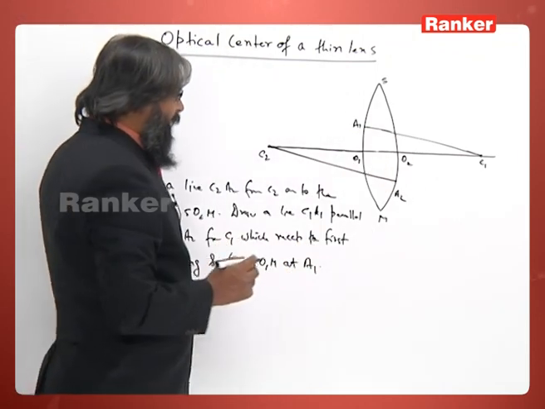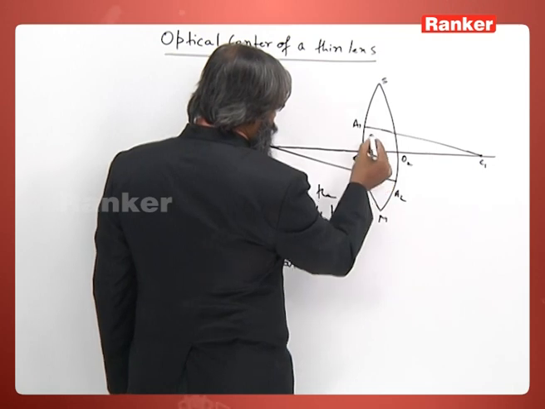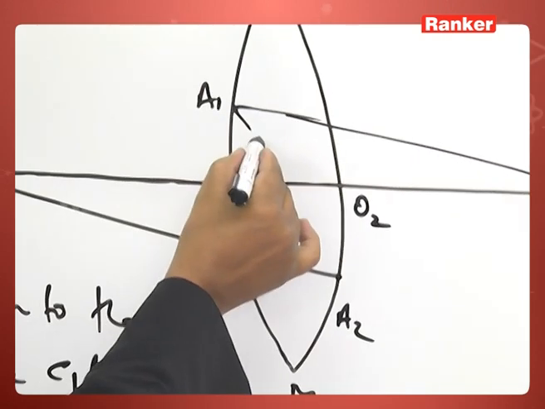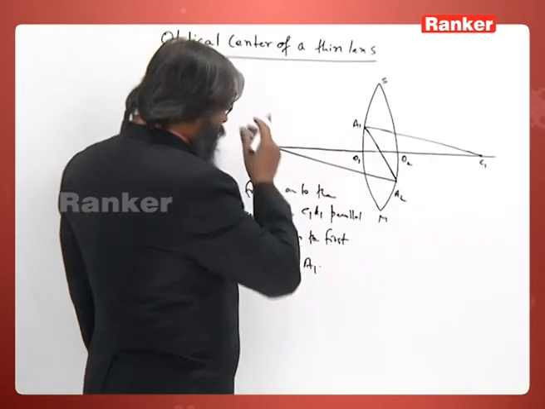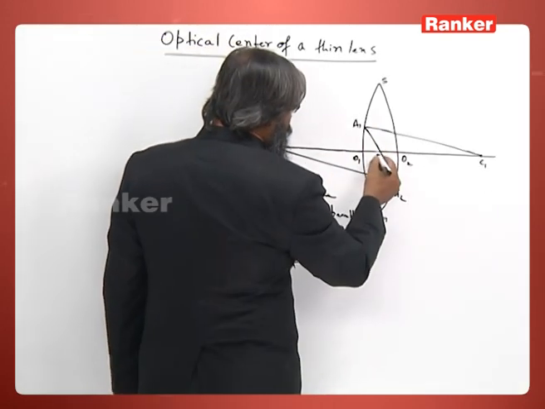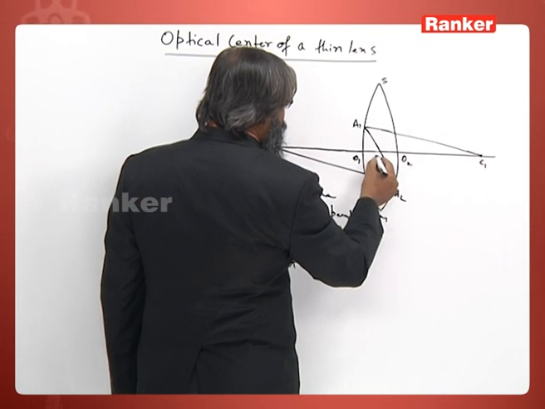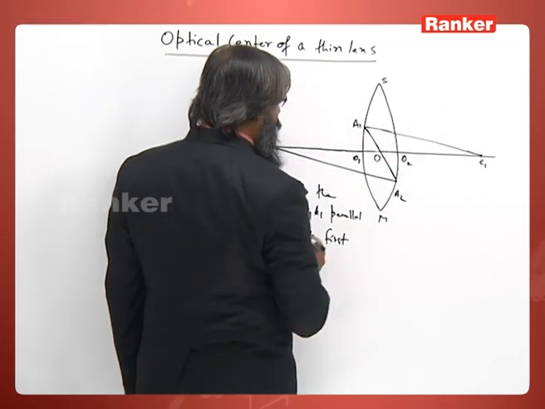Now, you see we join A1 and A2. A1 and A2 meet the optic axis at the point O, let us suppose.